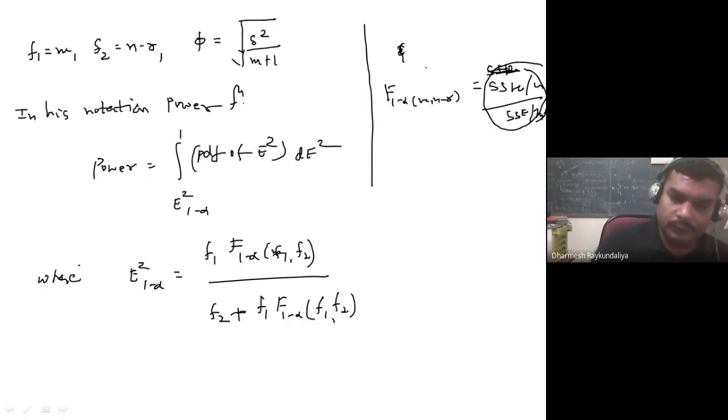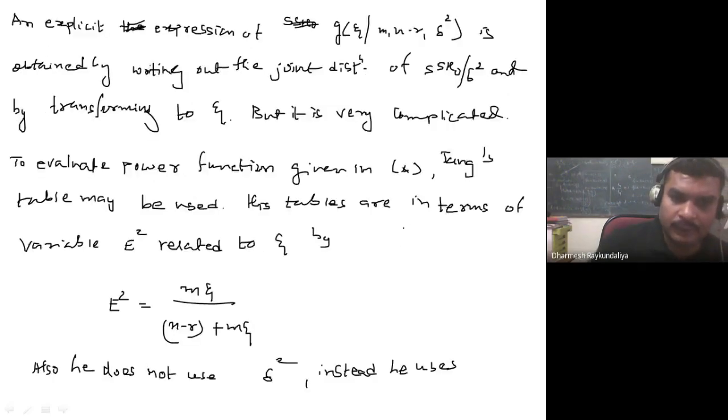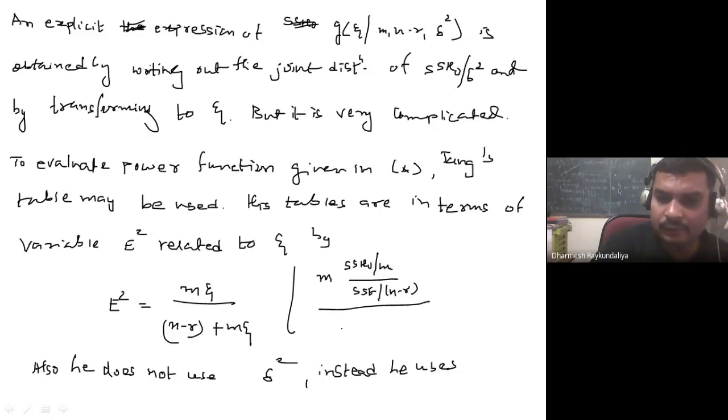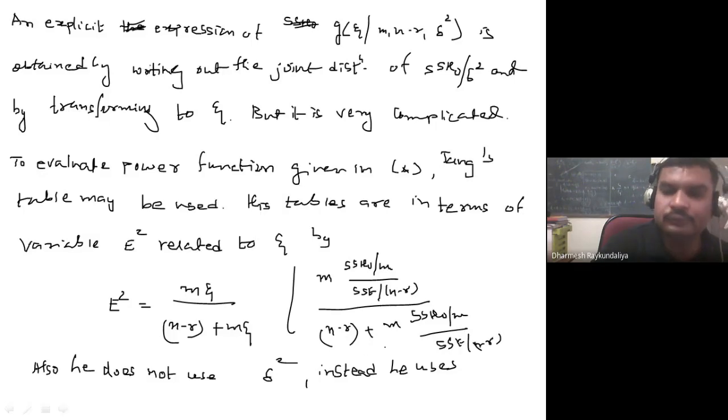So for simplification, what is xi? We know the form of xi. It is SS at naught upon m divided by SSE upon n minus r. And here it is n minus r plus m SS at naught upon m SSE upon n minus r.